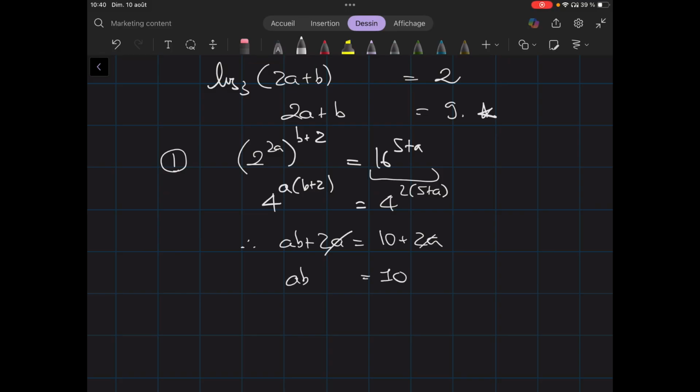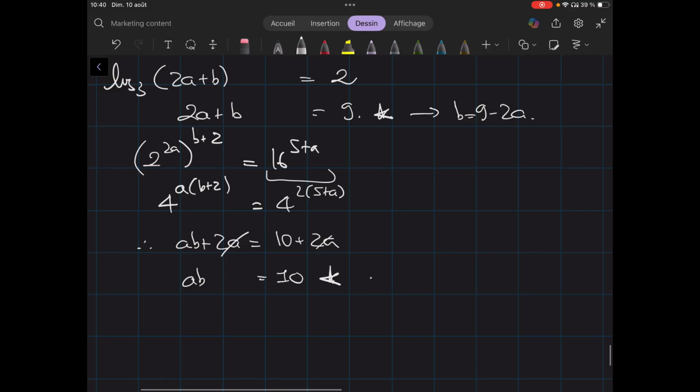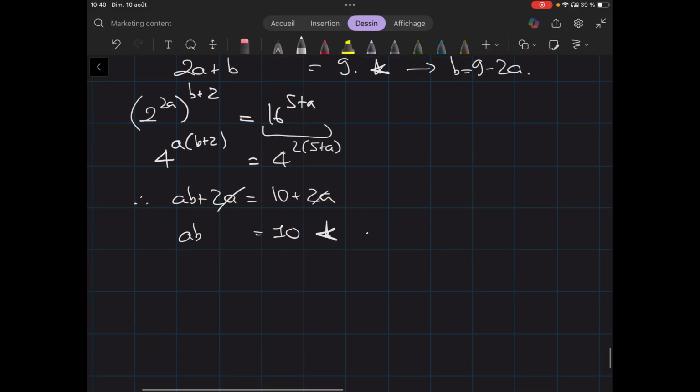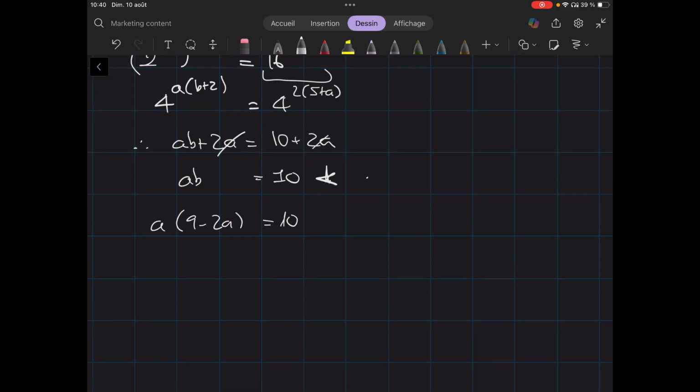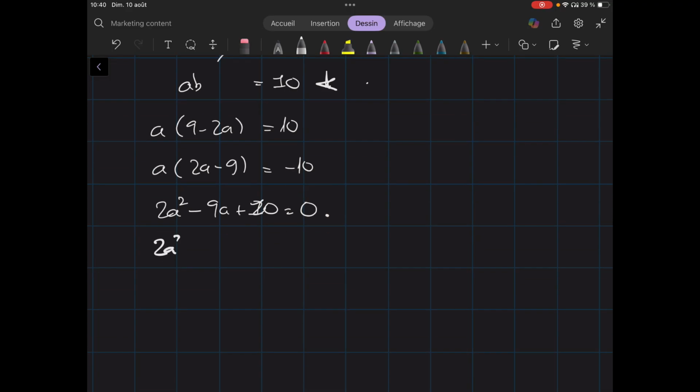Equation 1, equation 2. Now we can solve them simultaneously. If 2a plus b is equal to 9, b is 9 minus 2a. We are going to solve this system of equations using substitution. Multiply both the left and the right-hand side by -1. Bring it over. Factorize.